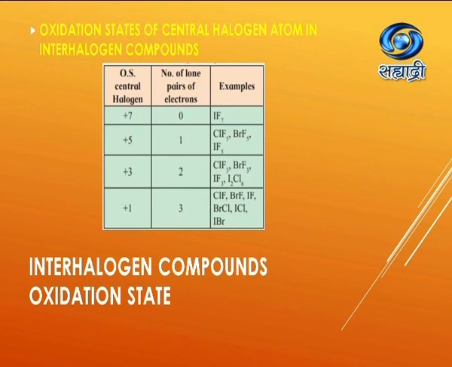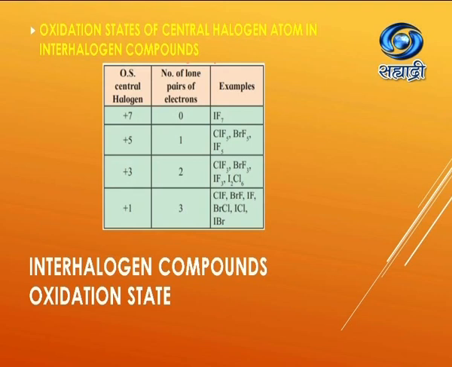There were no lone pairs, 0 lone pairs. Then we saw the structure of ClF5, chlorine pentafluoride or iodine pentafluoride. Square pyramidal structure, the central halogen atom, chlorine or iodine, has +5 oxidation state and carries one lone pair.